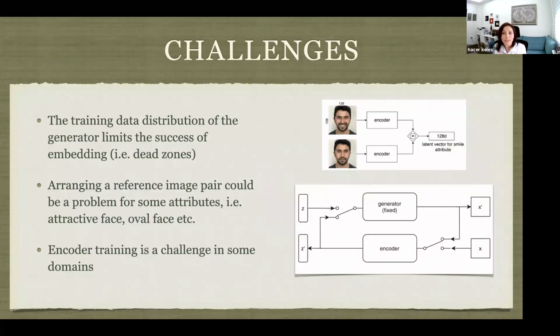Okay, let's conclude. What are the challenges in our CRG framework? Is it perfect? Does it solve all the problems? No. The training data distribution of the generator limits the success of embedding. I mean, there are dead zones in the generator at some parts. When you sample that, you can see some dead zones which cannot construct good images.